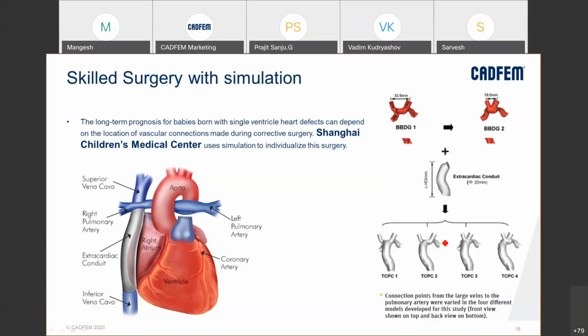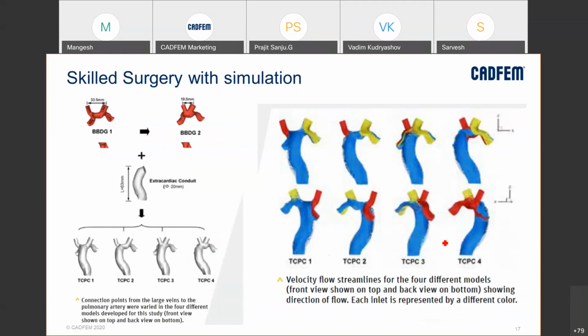But if we perform simulation, of course the information like the boundary condition, the flow rate, and the model itself is very complex. So these inputs are very complicated to collect.